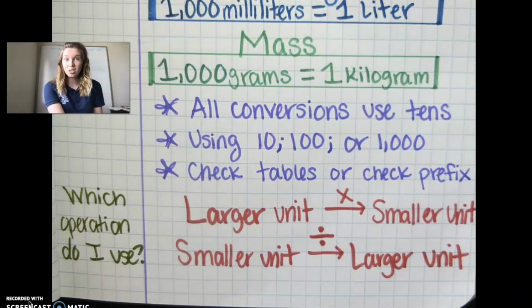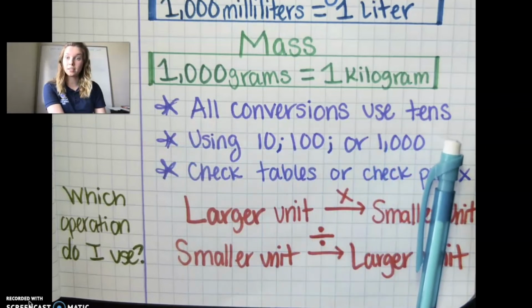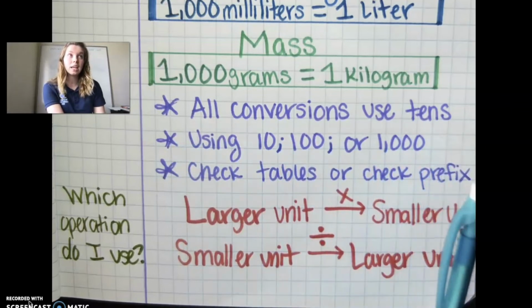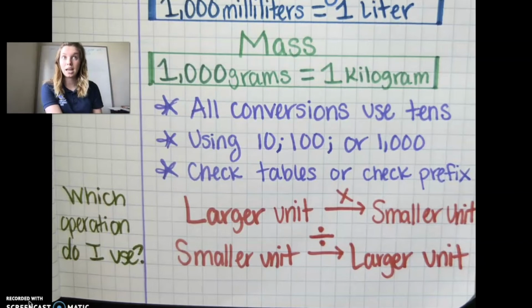These are just things that you should notice when you're converting metric units. First thing is all the conversions use tens. So that means you're using 10, 100, 1,000, or maybe larger than that if you're doing a double conversion. So you're never really going to be multiplying by something other than a 10, 100, 1,000, that kind of thing.